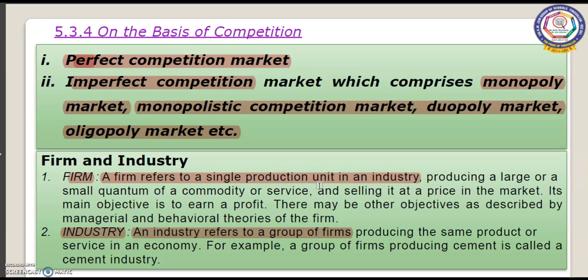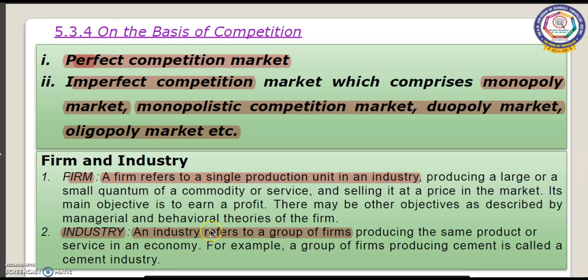In a firm, maybe a component of a particular product may be manufactured. For example, if you take refrigerator manufacturing, a single or a small component of that refrigerator may be manufactured, produced in this firm.